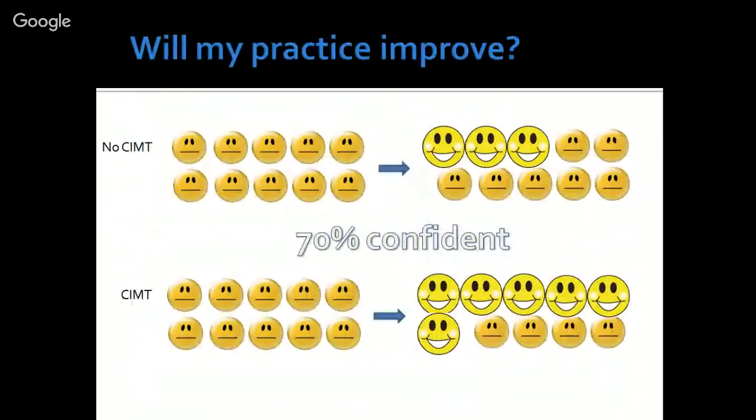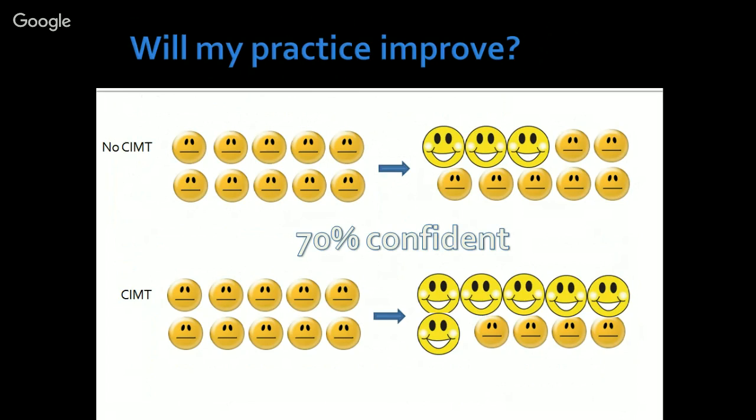So, in final comparison, if you have to improve your practice and in your current practice you are not providing CIMT with all the contents as we have discussed previously, right?